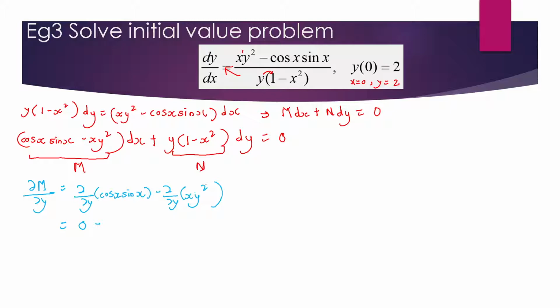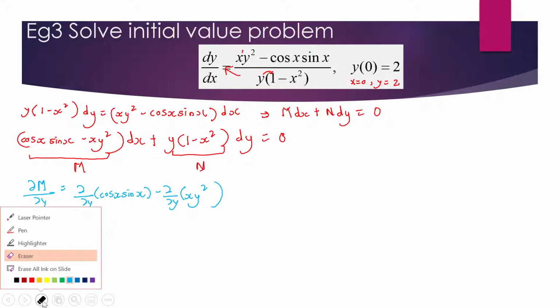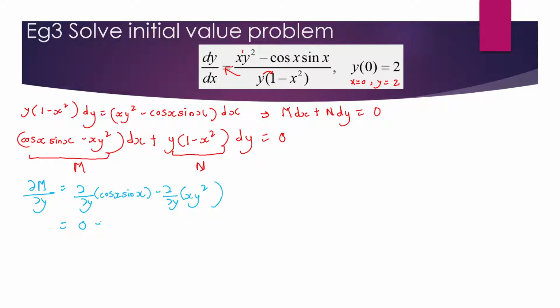When you take del del y, x is constant, so factor out x. Then del del y of y squared is 2y. So you have negative 2xy.